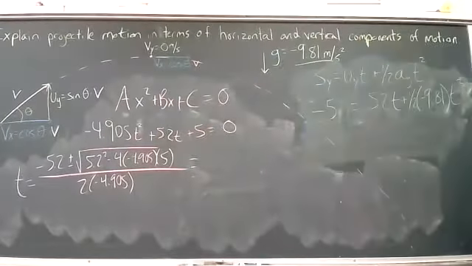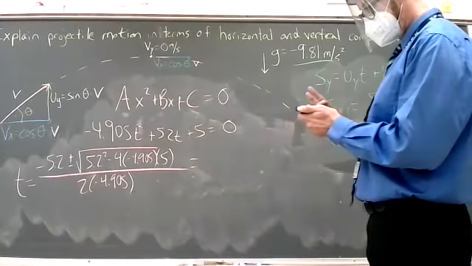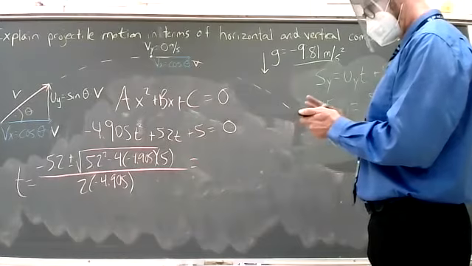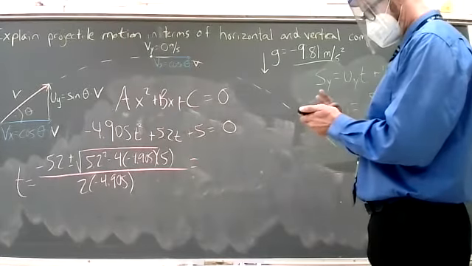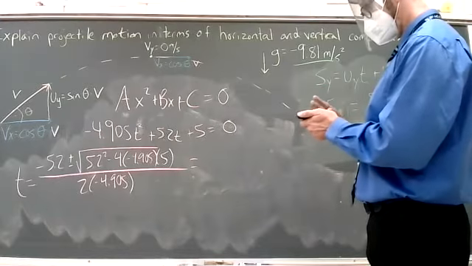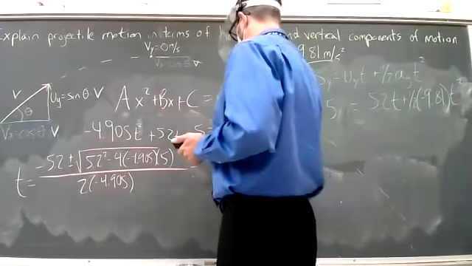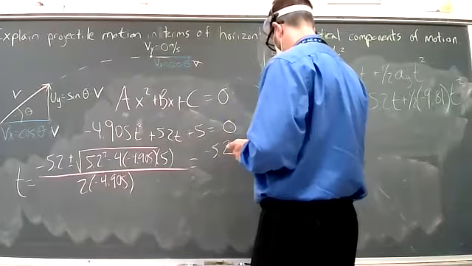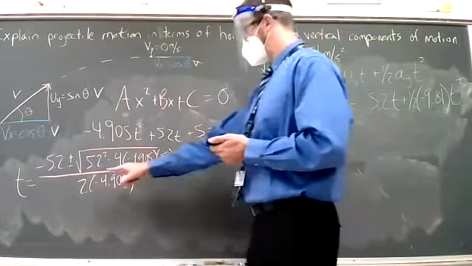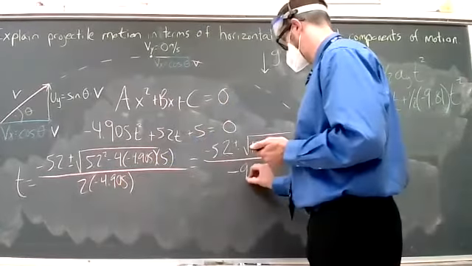Let's use our calculator. 5.2 squared minus the quantity 4 times negative 4.905 times 5 equals... Negative 5.2 plus or minus the square root of, I get 125.14 underneath the radical. 2 times negative 4.905 is negative 9.81.